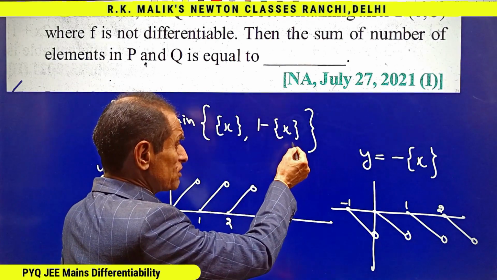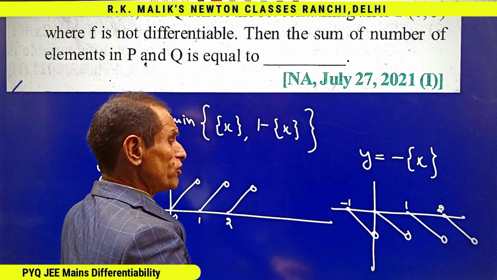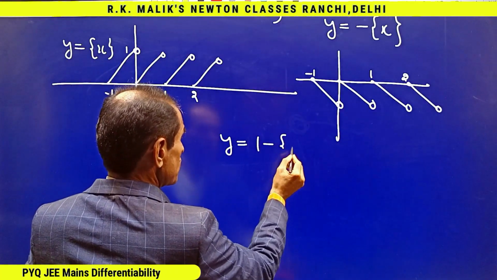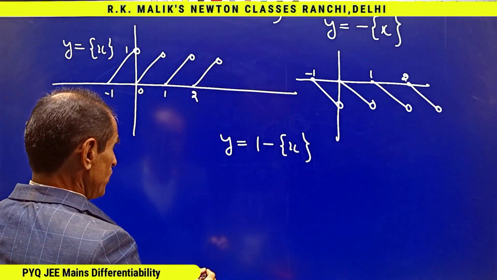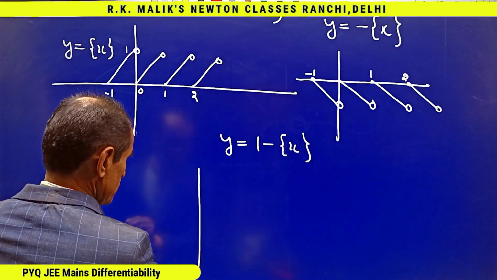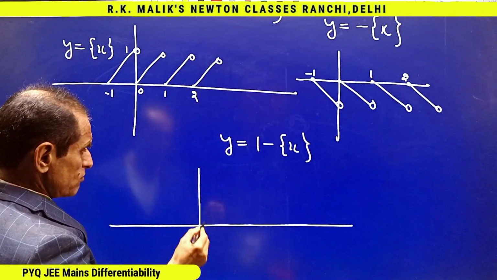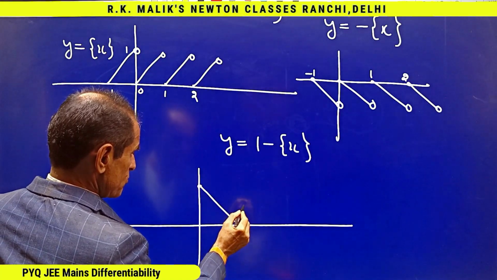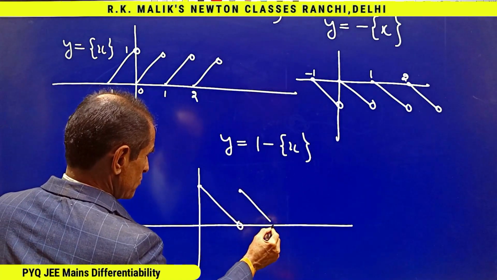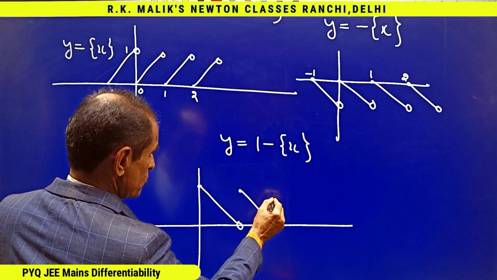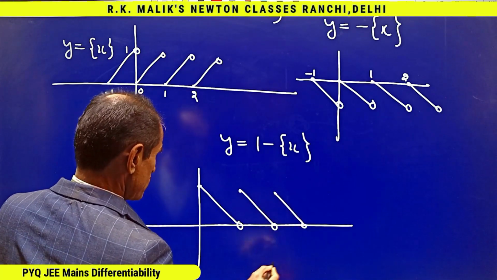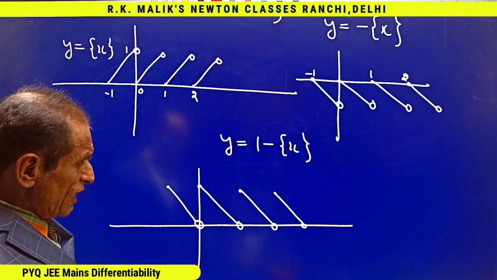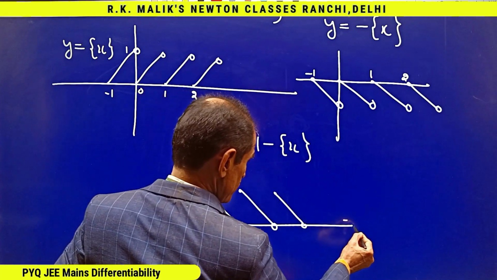To draw the graph of 1 minus the fractional part of x, we take this graph 1 unit upward, and so on.